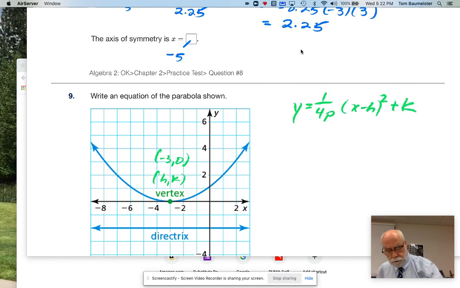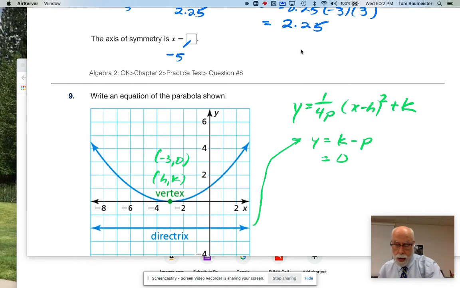All right? So remember, your directrix, which is right here, if you look, you can tell that it is the line y is equal to negative 2. But again, we have to say that y is equal to k minus p. In this case, it's 0 minus p.